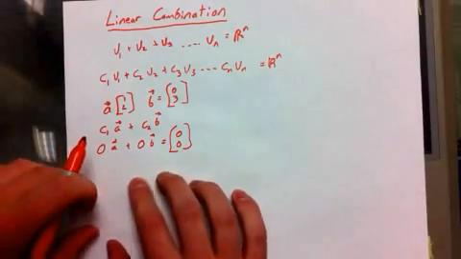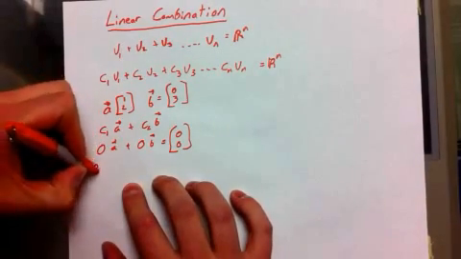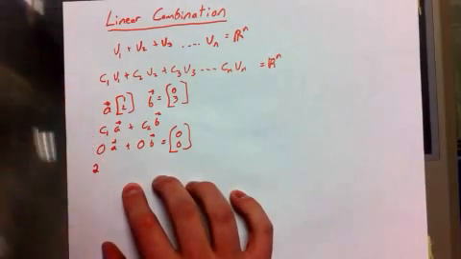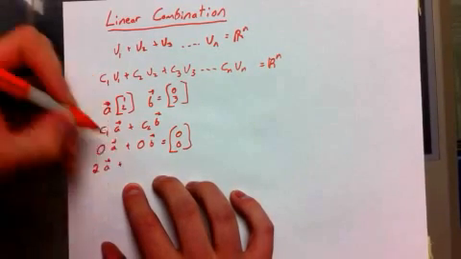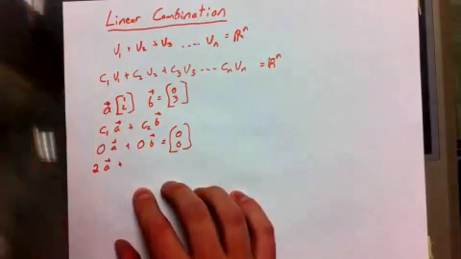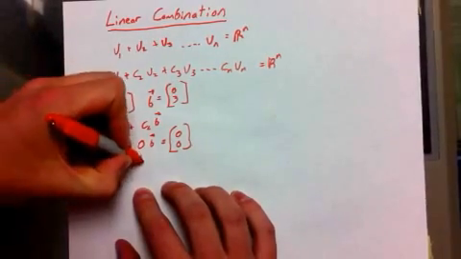Or we could plug in, let's say, 2 for C1 of A plus, let's go, 3B.